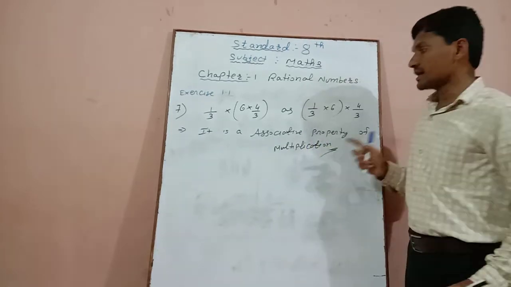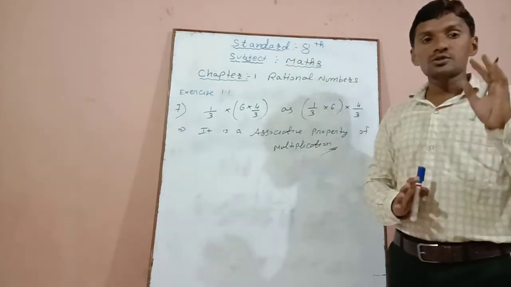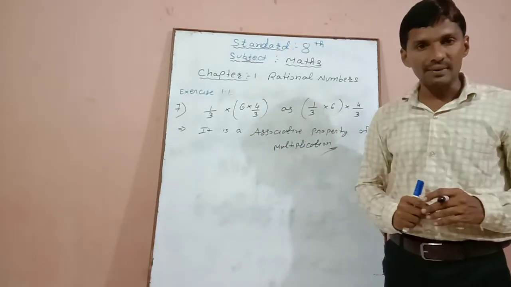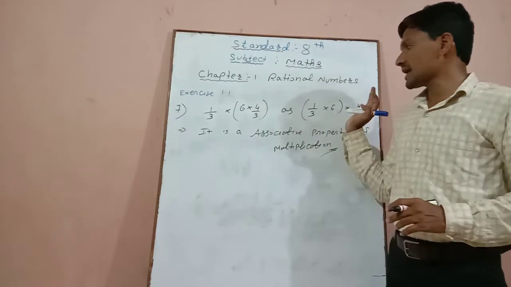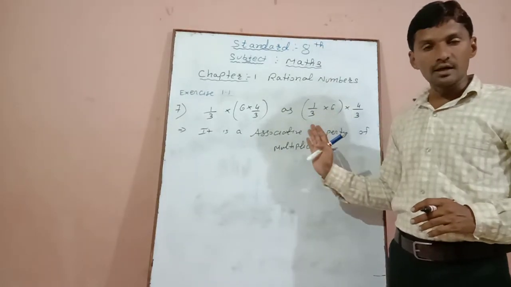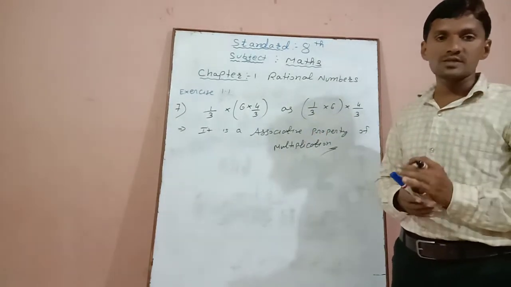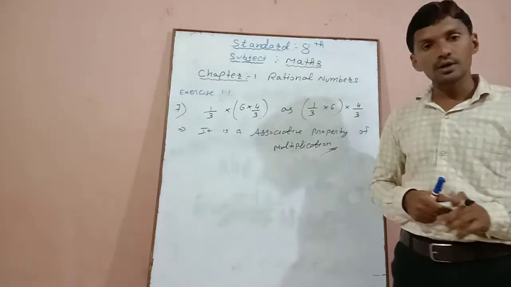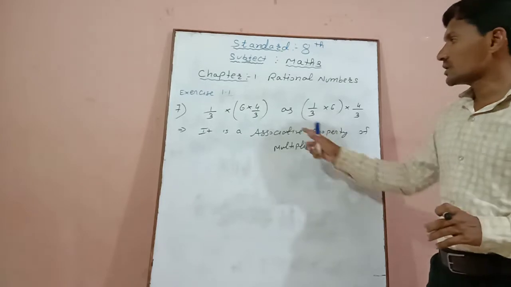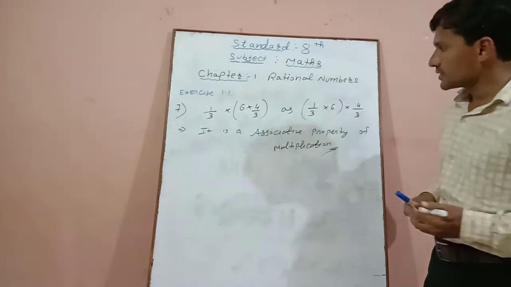This is the answer. We only have to say which property is applicable. Here multiplication is there, and all numbers are the same on both sides. Only the order has been changed. So it is the associative property of multiplication. This is the answer of question number 7.